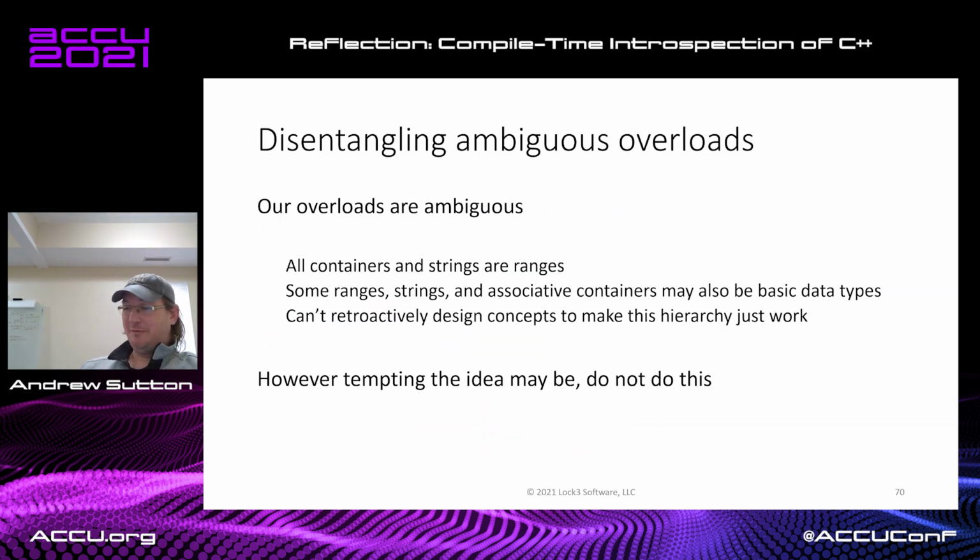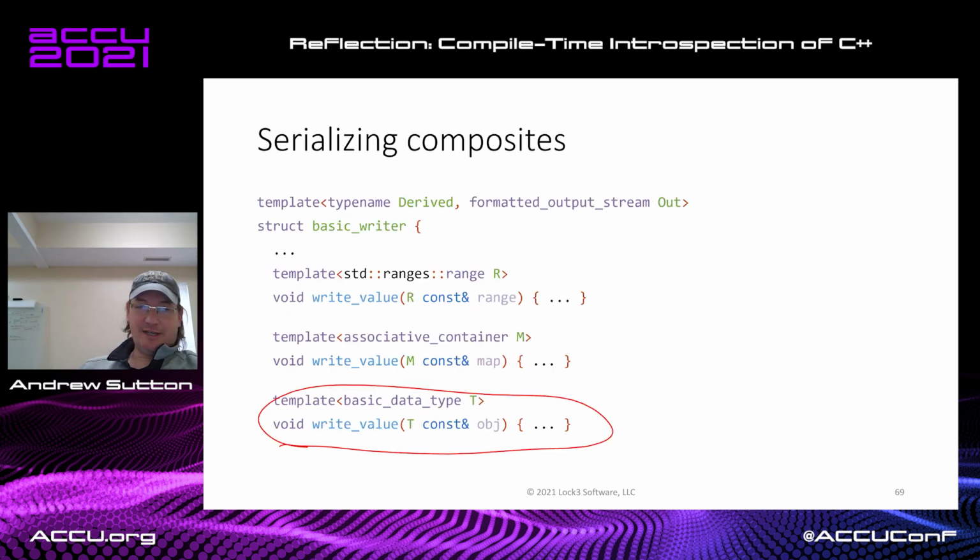And this is really my fairly long aside about generic programming in this case. Unfortunately, some of these overloads are ambiguous. The relationship between strings and containers and ranges is reasonably well known, right? I'll just leave this up because it's more interesting to look at.